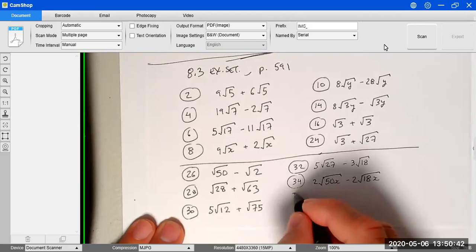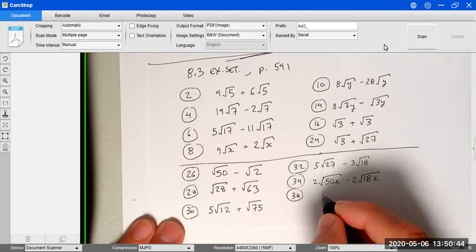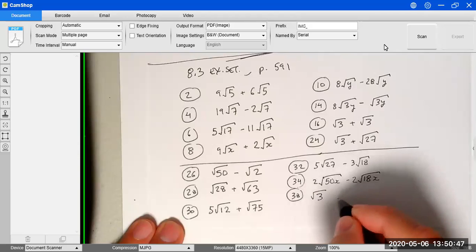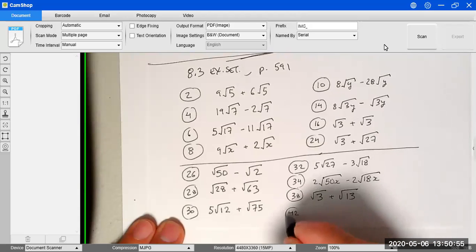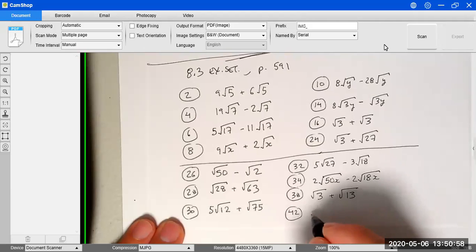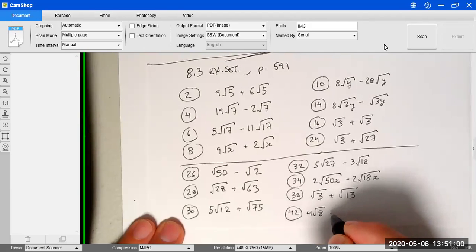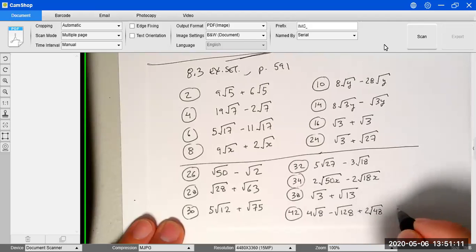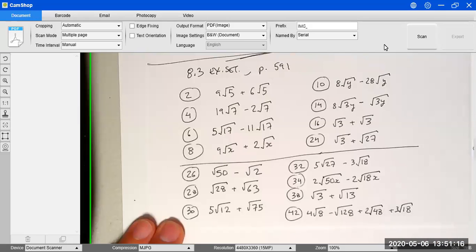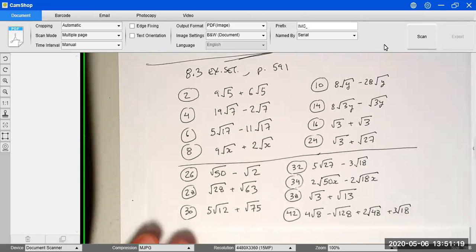Then we have 38, which is just radical 3 plus radical 13. Then finally we have 42: 4 radical 8 minus radical 128 plus 2 radical 48 plus 3 radical 18. The last problem is very similar to the one that you might have in your exam.